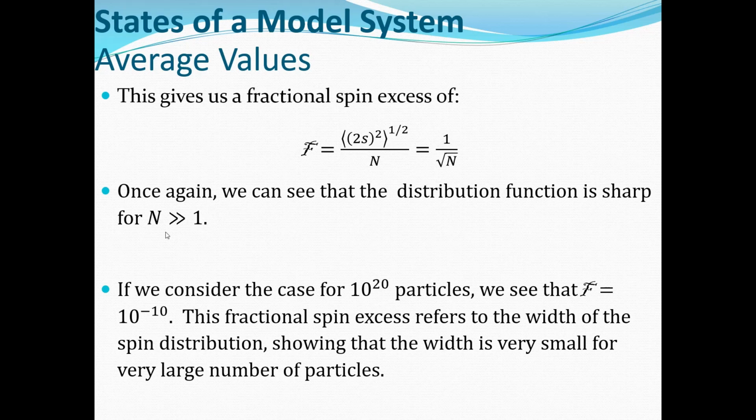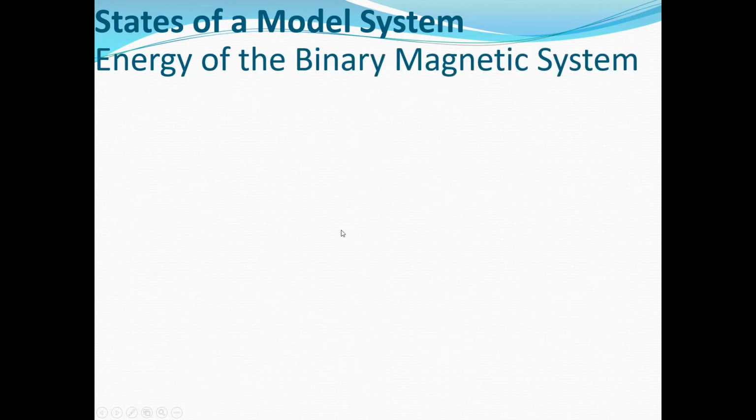So that's really what we use this for, as a proof of what we were saying before, that it drops off very quickly and very sharply as we get further away, especially the larger the number.